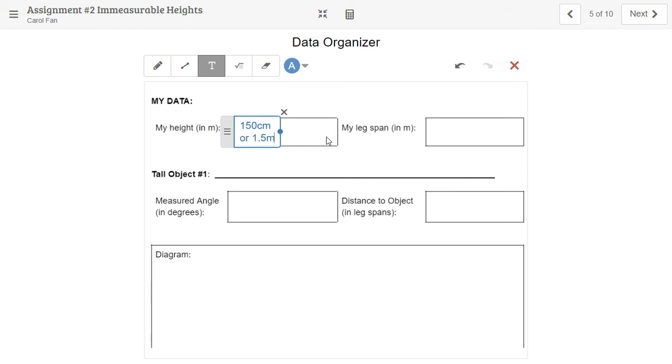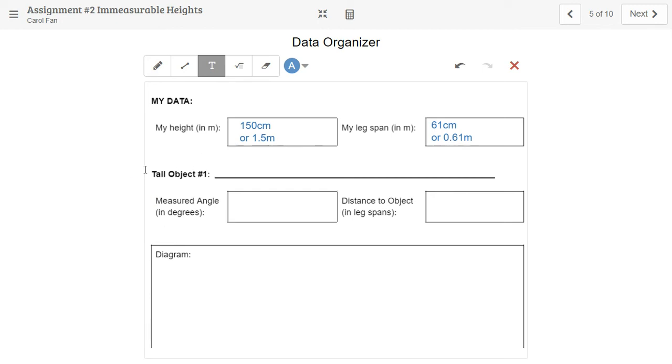So I could say that this is 1.5 meters. My measured leg span was about 61 centimeters, but since I need to express that in meters, I'm going to divide by 100 again, and I have 0.61 meters.